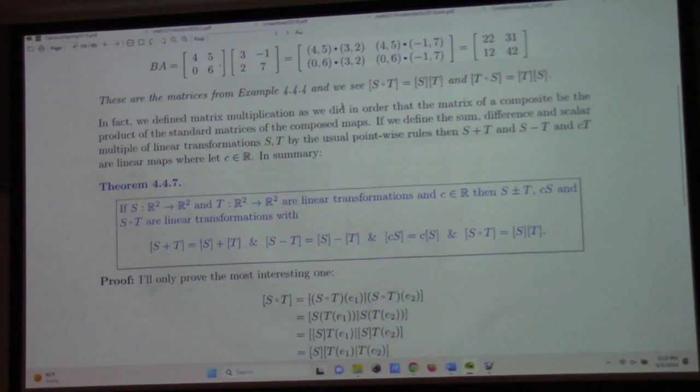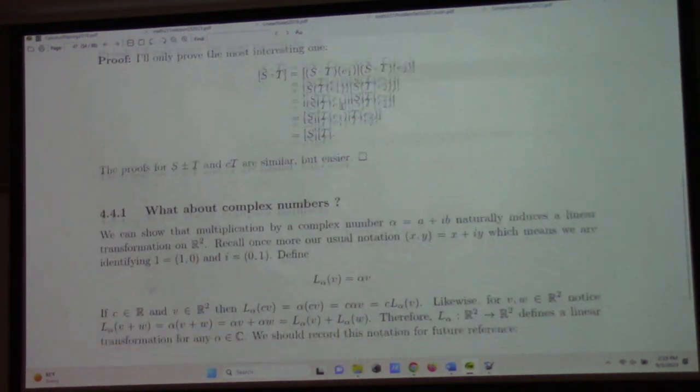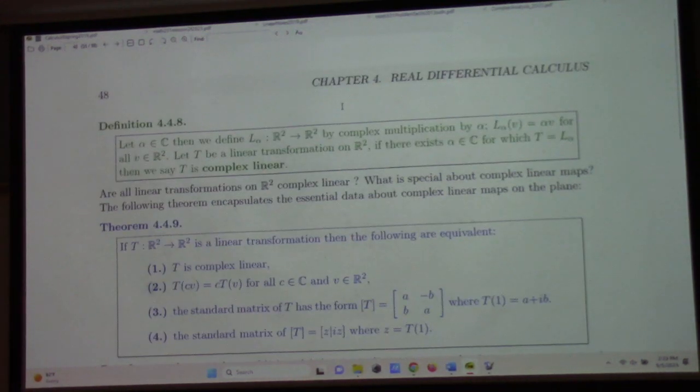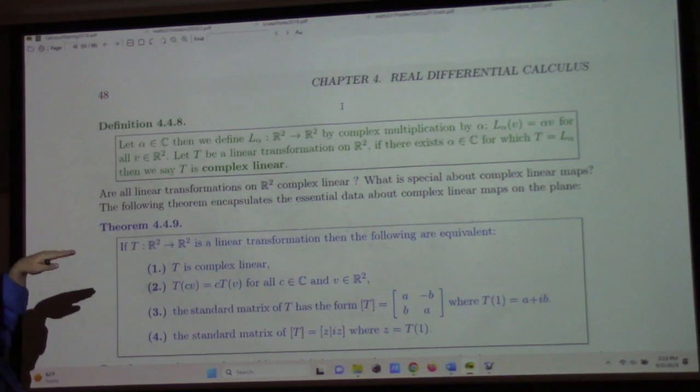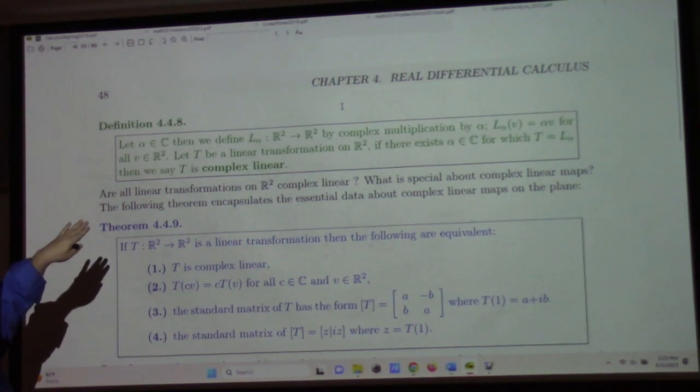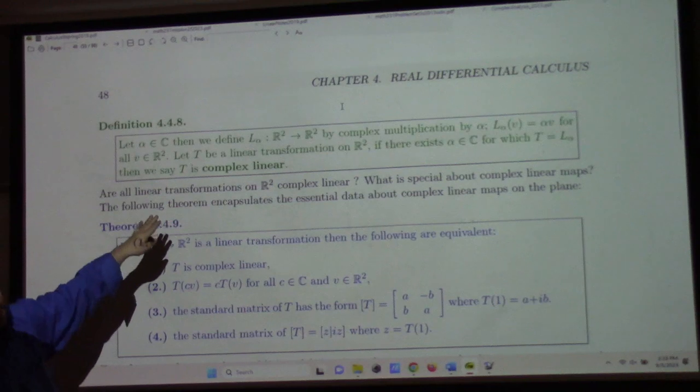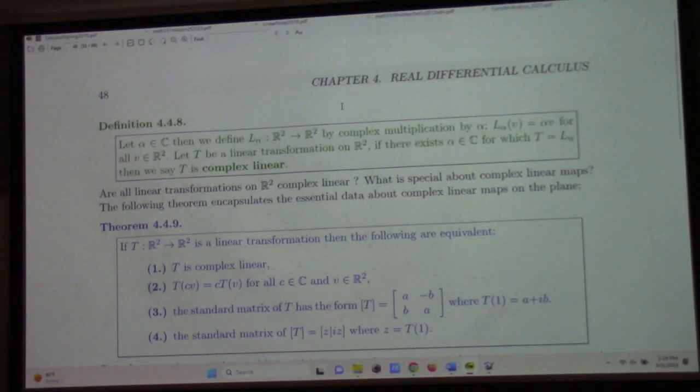I give a definition here. My definition is that if there exists a complex number for which the linear transformation is just the multiplication by that complex number, we're going to call such a map, quote unquote, complex linear. A complex linear map is a special kind of mapping on the plane.